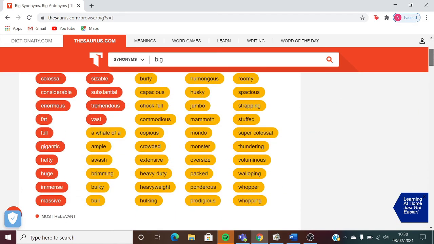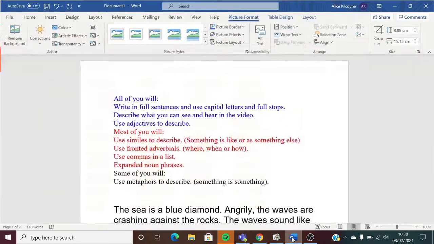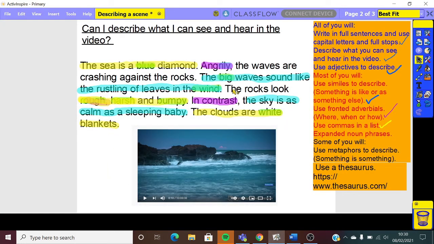That's okay. Colossal waves. Ooh. Enormous waves, that would work. Fat waves wouldn't be right there. That wouldn't be what I'm trying to say. Huge waves. Massive waves. I think that's my favourite. Massive.